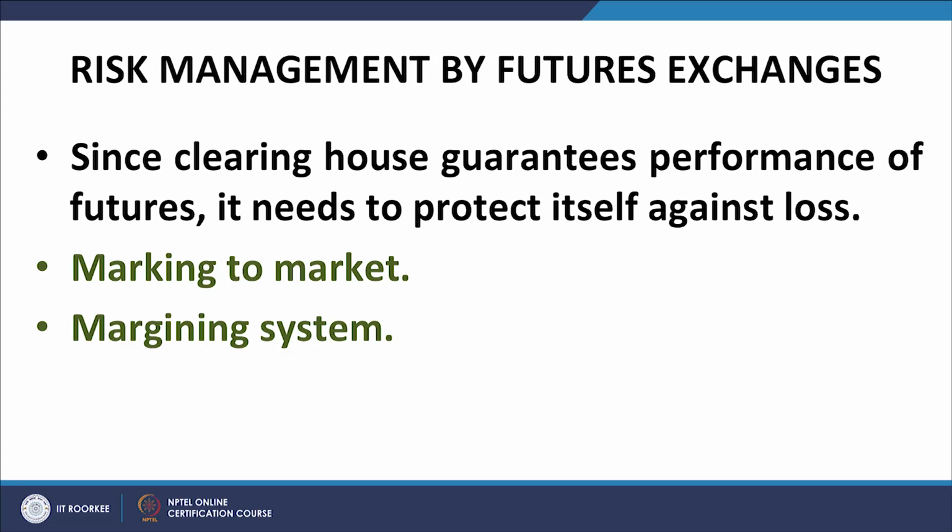How does it do this? It's a very interesting set of operations that manages to curtail the risk of default at the level of the clearing house to next to nothing. The clearing house is well protected by these two operations operating in conjunction, and they are called marking to market coupled with the margining system.